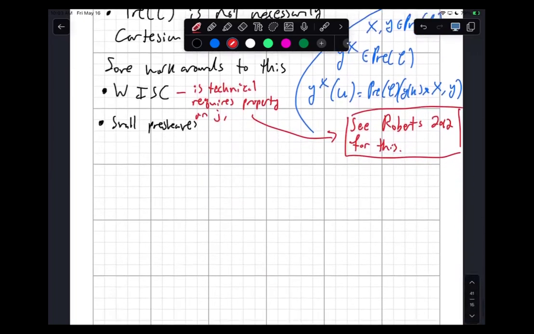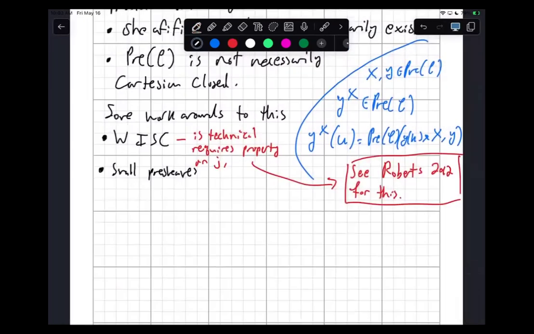With whisk, small presheaves, you restrict the kind of presheaves you're going to talk about. So now I don't want all presheaves. I want only those presheaves that I can write as small colimits of representables.